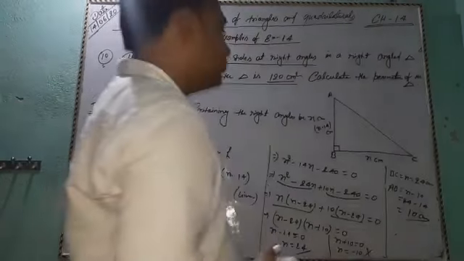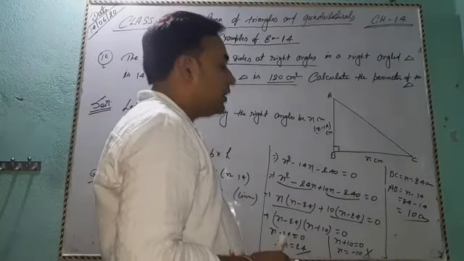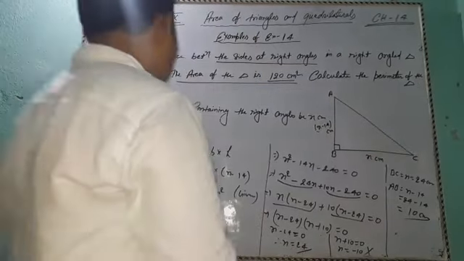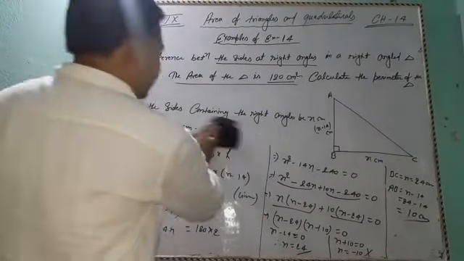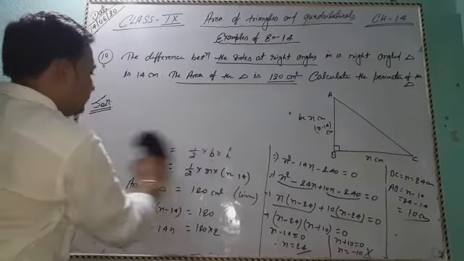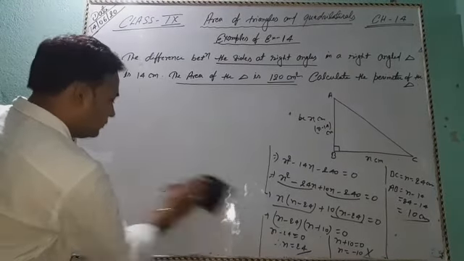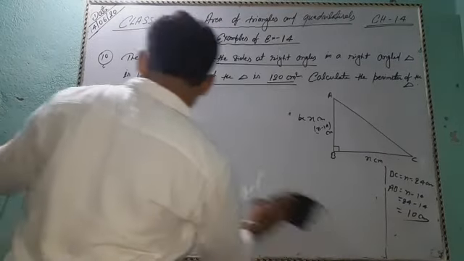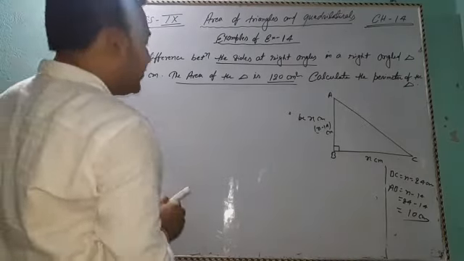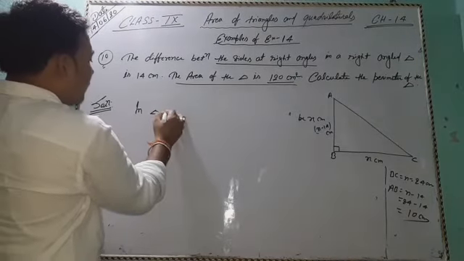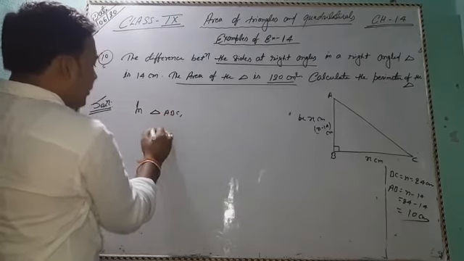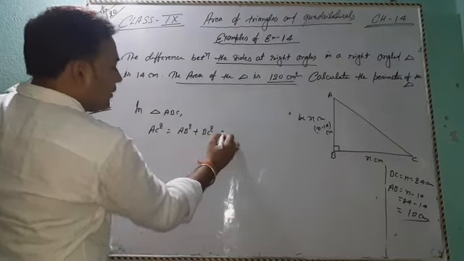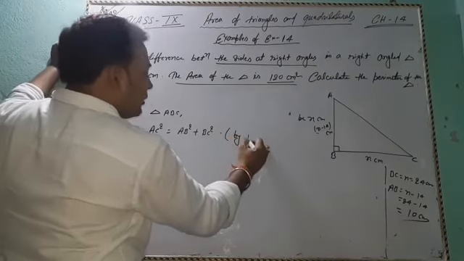Okay, so 10 centimeter. Now students, find AC by using the Pythagoras theorem. In triangle ABC, AC square equal to AB square plus BC square by Pythagoras theorem.